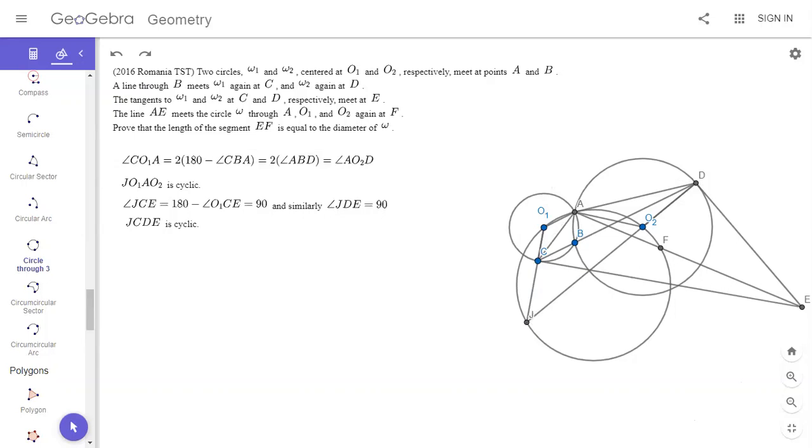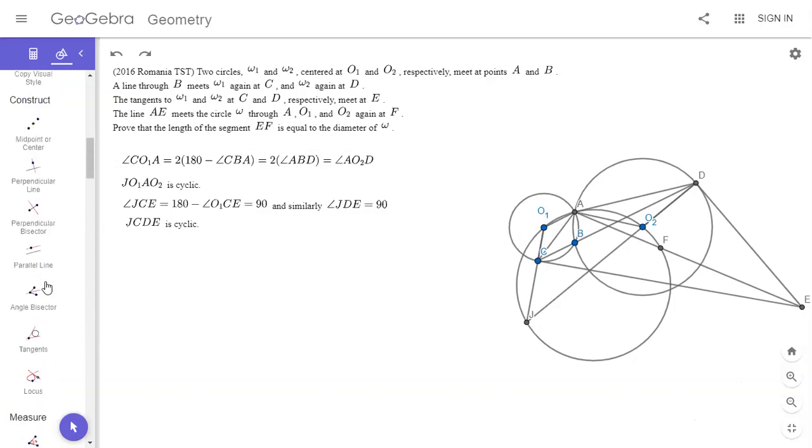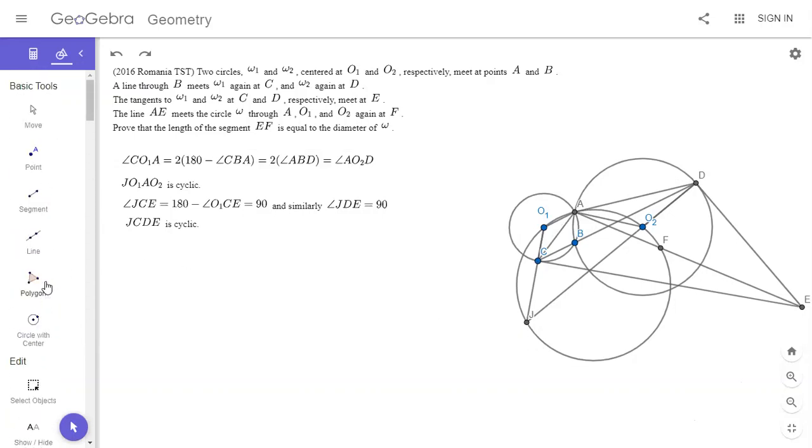So JCDE is cyclic, and can we show JCAD is cyclic? I think that's just an angle chase.